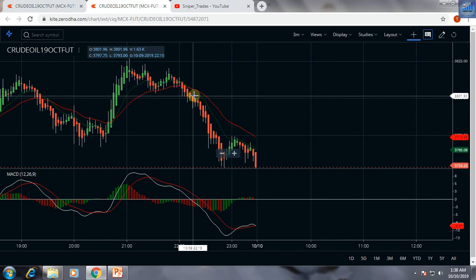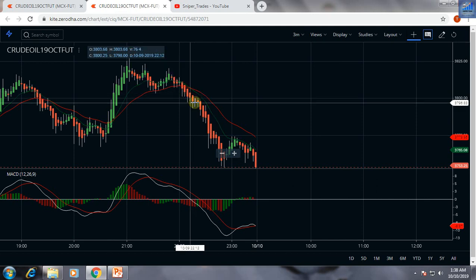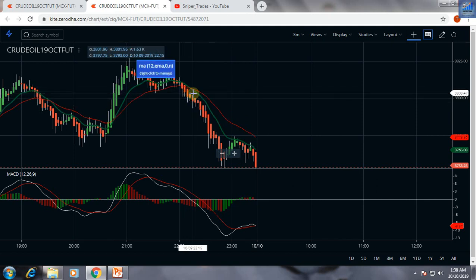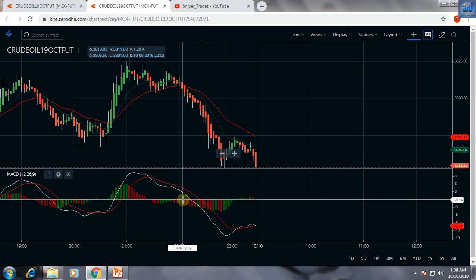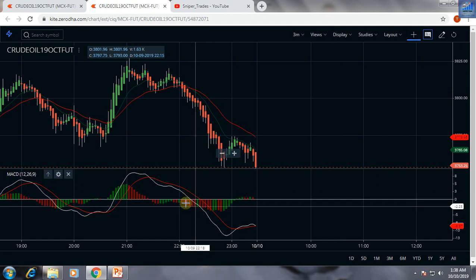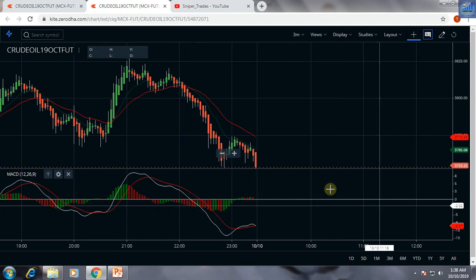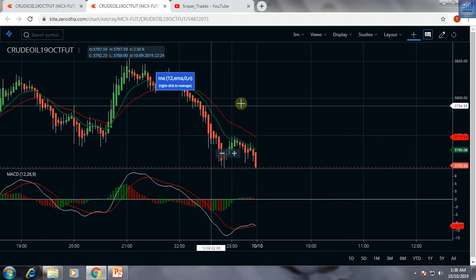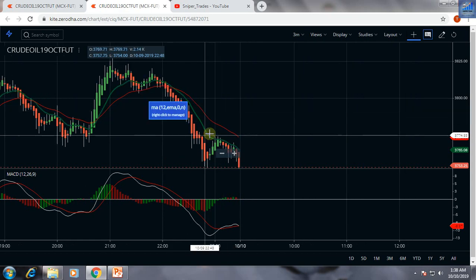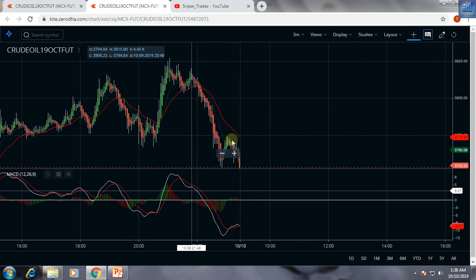It means that the price is in a general bearish trend. The price must move downwards. And see here, after the white line crossed down below the baseline, the price has moved in a bearish direction. See, that is what this means.